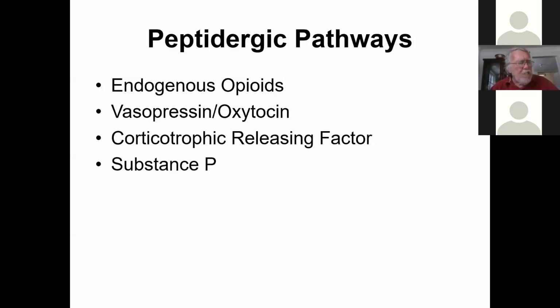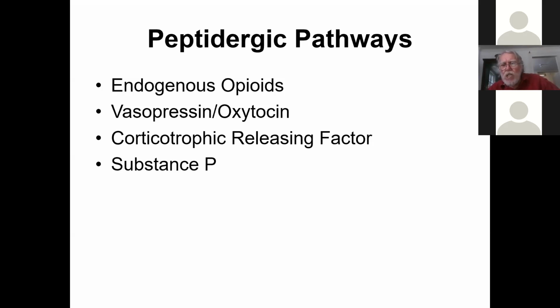But all during this time, we also knew in the brain that there were very simple peptides. And folks never gave them very much attention in terms of functional activity.